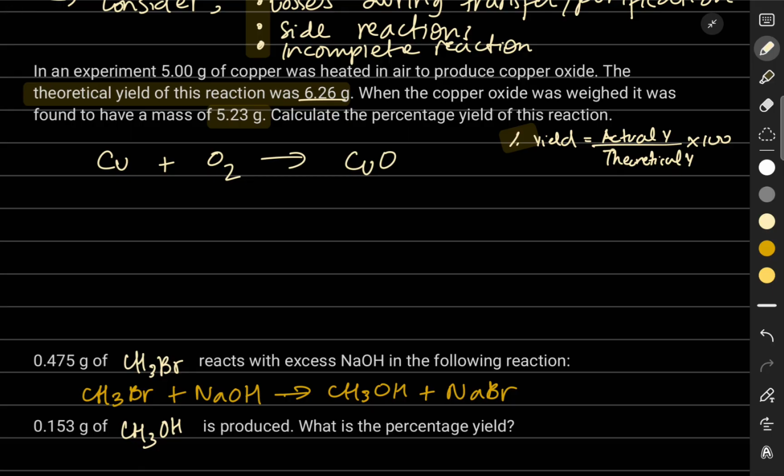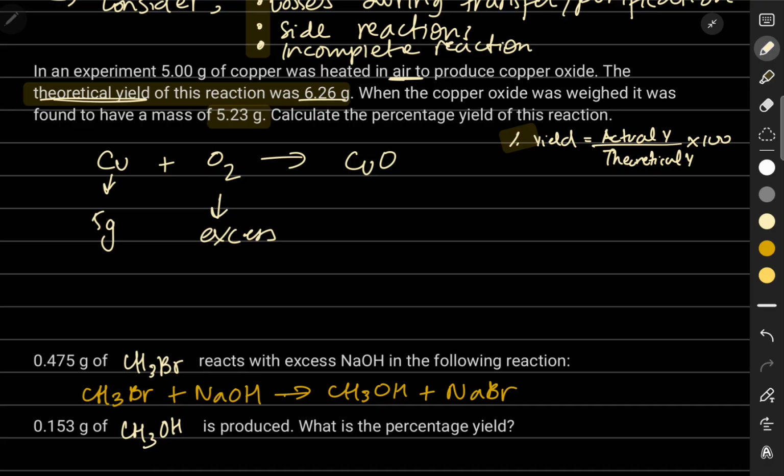But just for the sake of explaining, you had 5 grams of this, okay? You reacted it in air, or heated it in the air, which means this was in excess, to produce copper oxide. And the theoretical yield means what you calculated without considering the losses was 6.26.